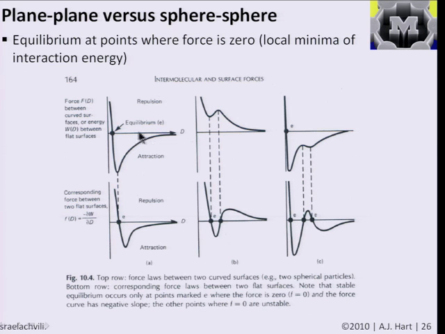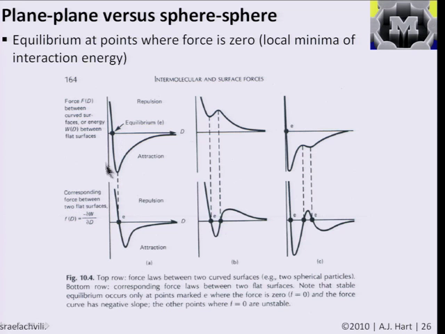And this says how the energy curve can relate to the force curve when we're talking about flat surfaces, or how, because of how the forces and interactions scale with geometry, the shape of the force profile between the same materials which are curved can be quite different than the same materials which are flat.